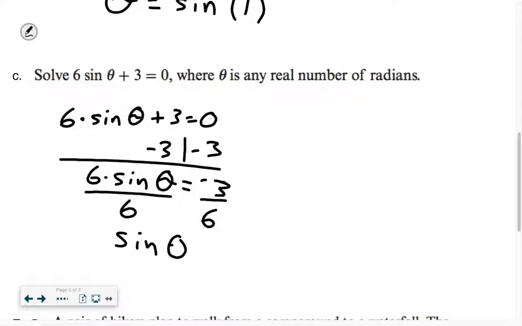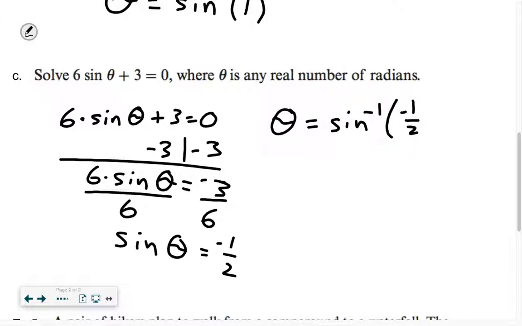I have the sine of theta is equal to -1/2. Solve for theta. Inverse trig function. Any real number of radians, so now we want the radian angle measure. Sine is y. We look where the y value is -1/2.